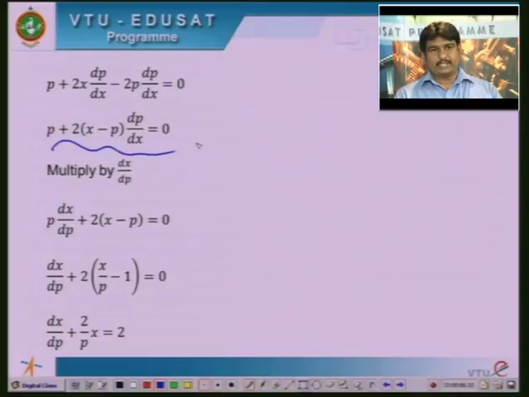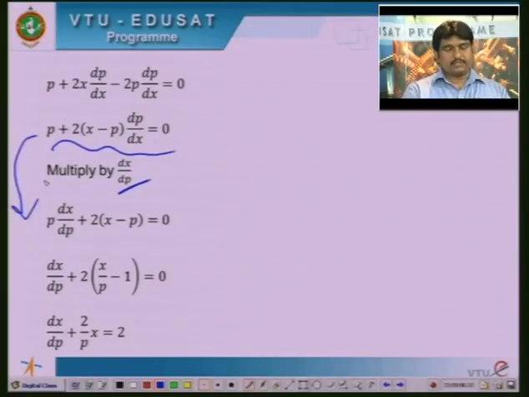Multiply by dx by dp to transform this into a standard form, because it's not easy to separate the variables here. I'll try to convert this into Leibniz form. So to do that, I am multiplying throughout by dx by dp. With this, the equation becomes p into dx by dp plus 2 into x minus p into 1 equals to 0.